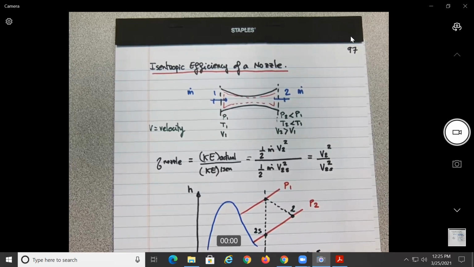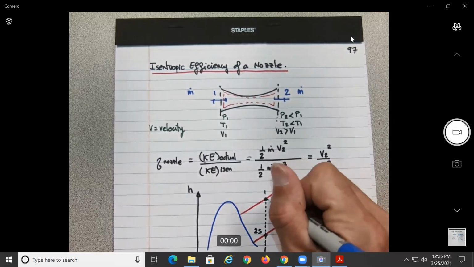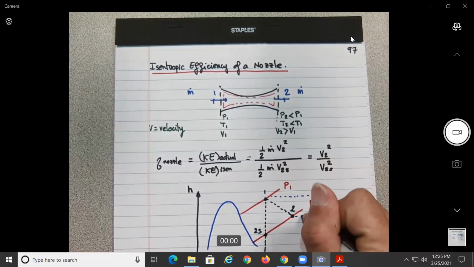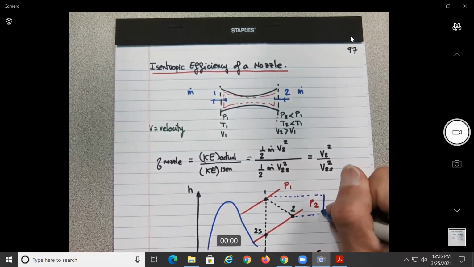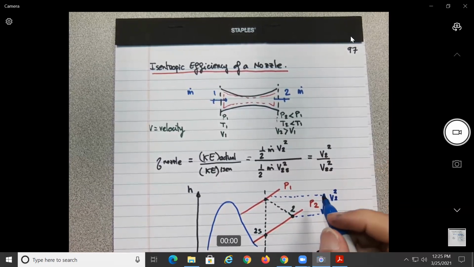The only thing here is that this time, instead of talking about enthalpies, we're going to talk about kinetic energy. So this change over here is proportional to V2 square over 2, the 1/2, the velocity.